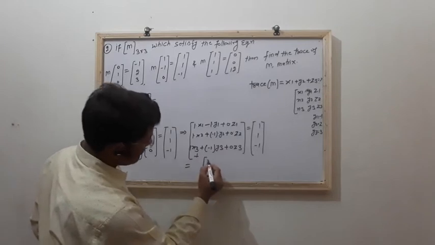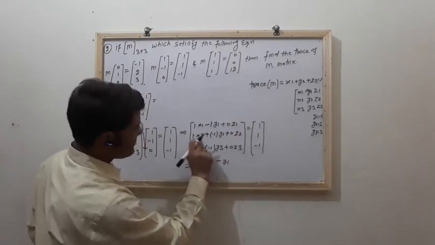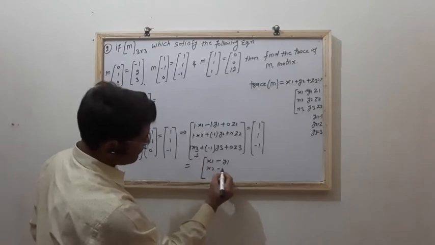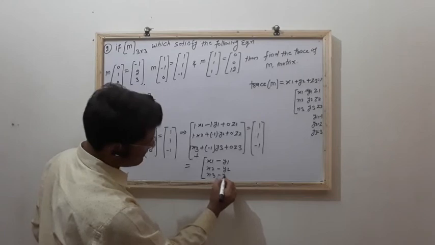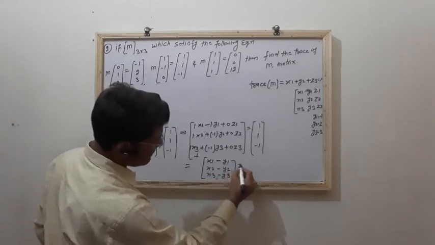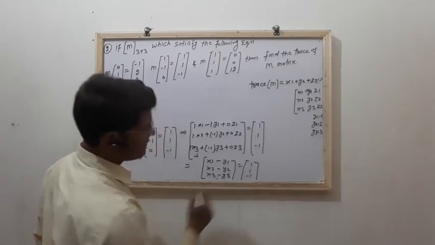So that this becomes x1 minus y1, this is x2 minus y2, similarly x3 minus y3 is equal to 1, 1 and minus 1.